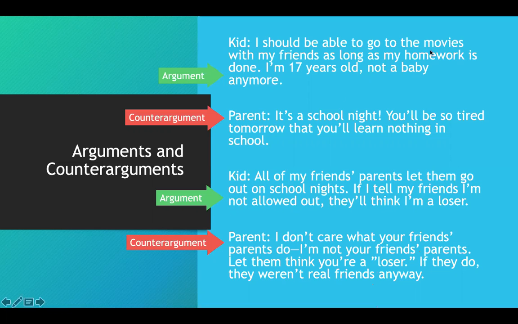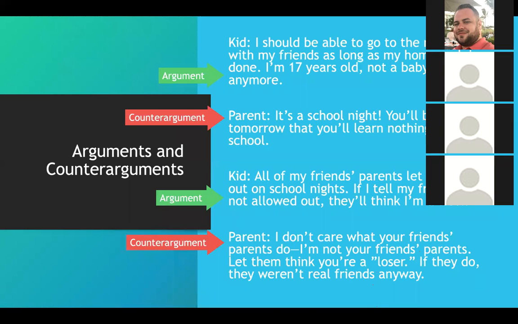So obviously, this is not something that you're going to write your paper about. But what I'm trying to highlight here is the idea that we are used to arguments and counter arguments in our everyday lives. What we're doing here on an academic level is trying to elevate the way we argue to a place that is more informed, more well rounded, and more responsible.